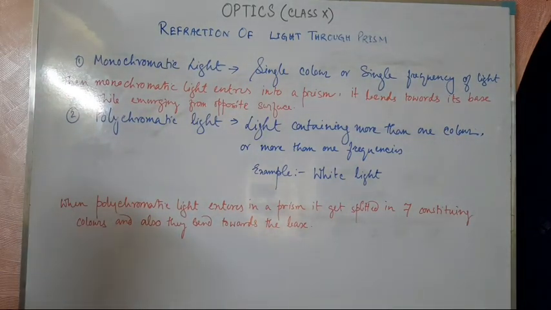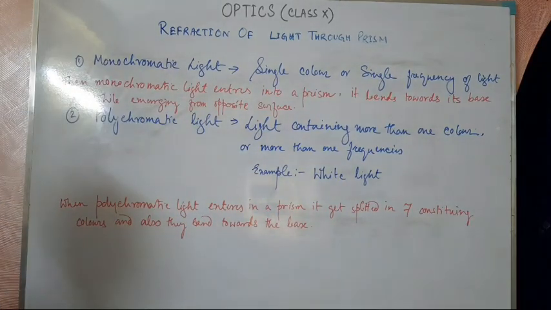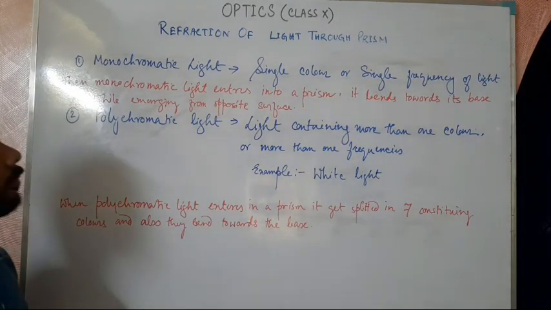So this is the difference between monochromatic light entering into a prism and polychromatic light entering into a prism.